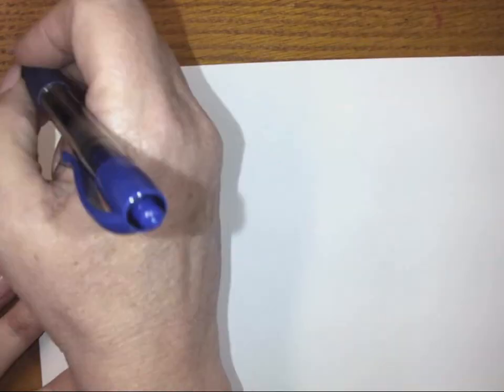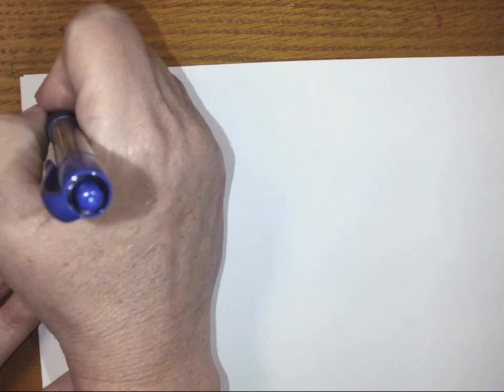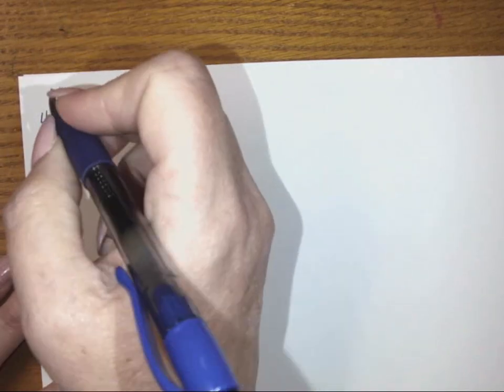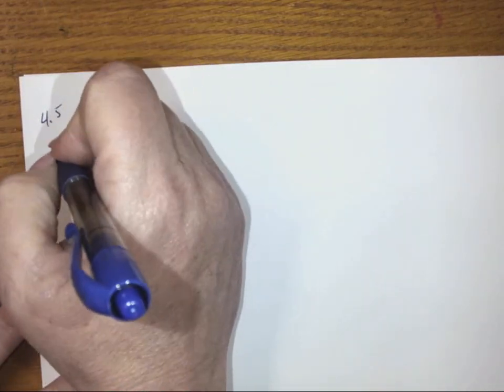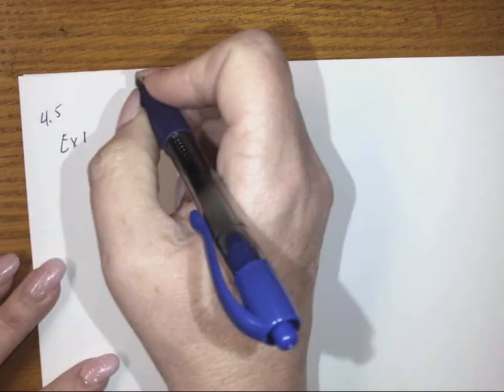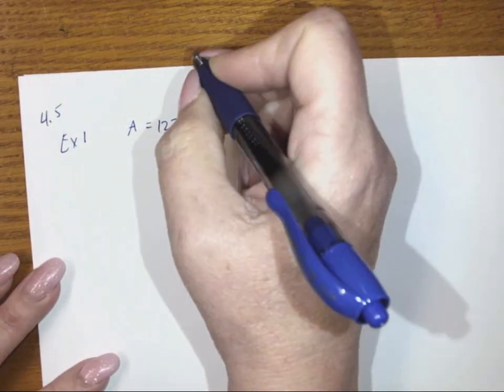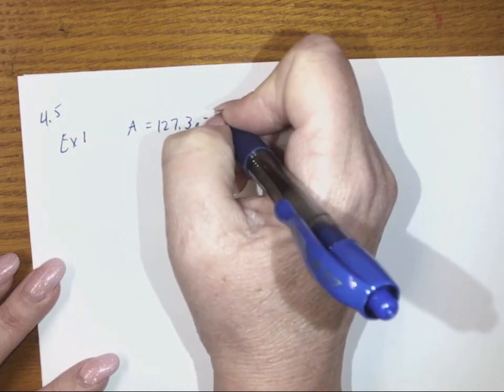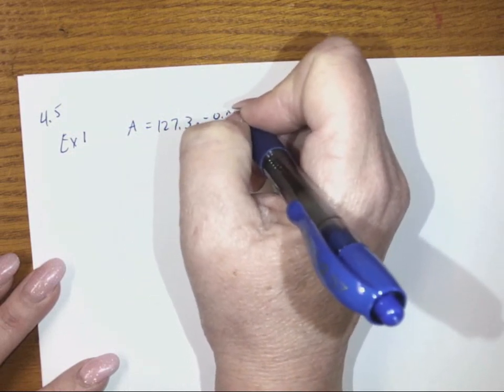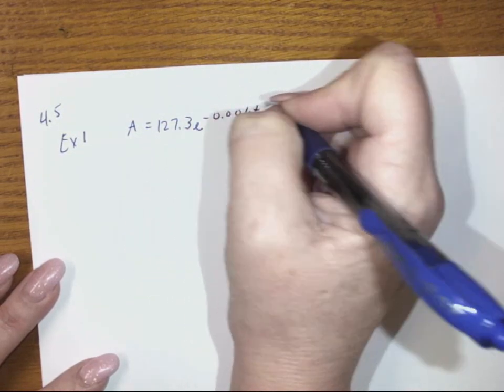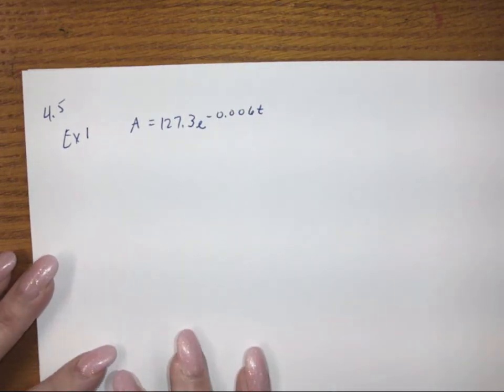All right, so let's write this out. Example 1, we have A is equal to 127.3 e to the negative 0.006 t. Watch out for those zeros.